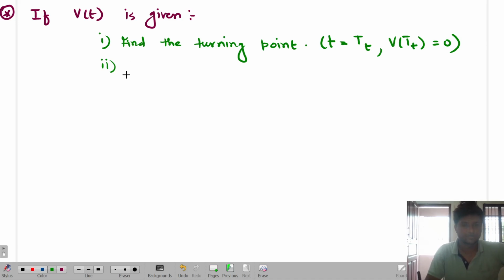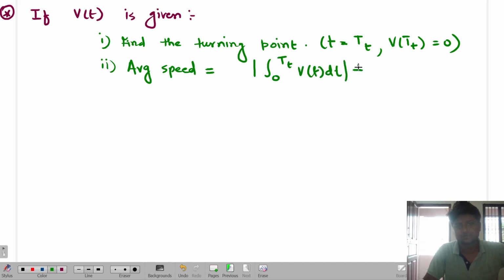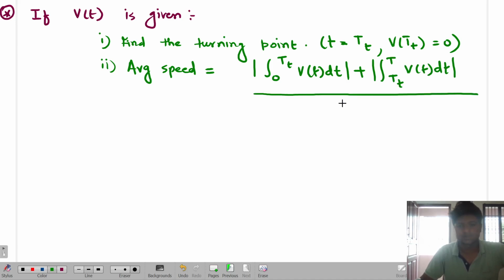Are you able to get me or not? So average speed, once again the same formula: modulus integral 0 to time of turning point vt dt modulus close, plus integral modulus open time of turning point to total time vt dt modulus close, divided by total time, meaning total time minus 0.